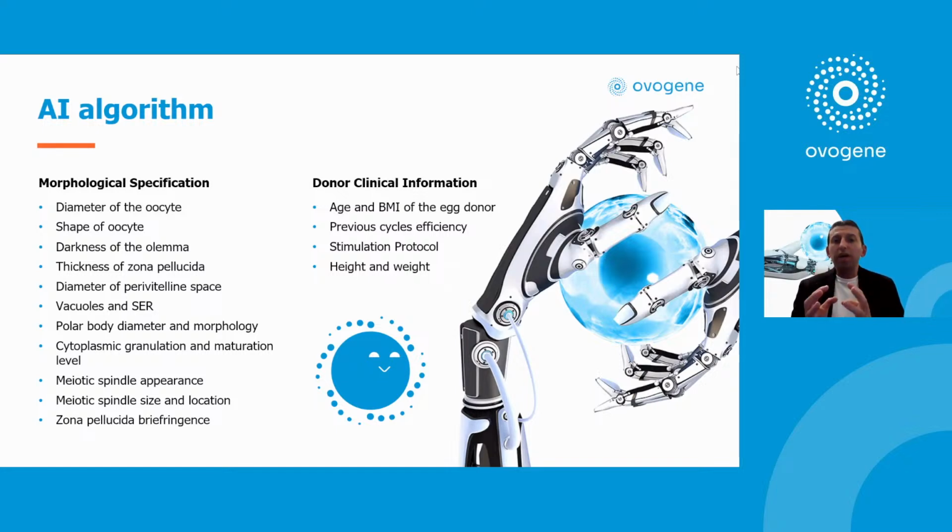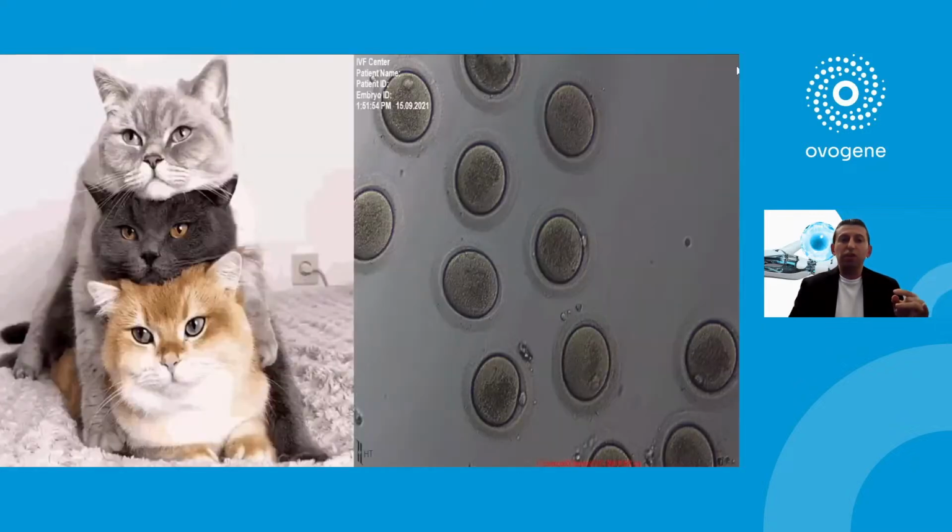Our AI system also includes donor clinical information. That means when we select the oocyte morphologically by AI, on the side the AI technology will also inform us of clinical information such as age and body mass index of the egg donor, previous cycle efficiency, stimulation protocol, and also height and weight of the egg donor, which is important from the phenotypical and efficiency side.